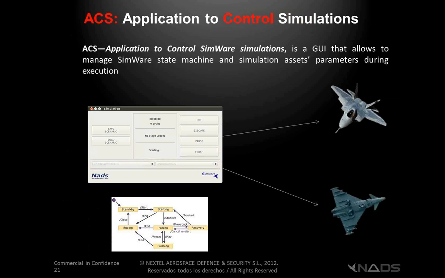And here the user can say, okay, now let's go to init the simulation. Let's go to execute everything. Let's go to stop everything. You can do three things with this tool. It's very basic. One of these is controlling the state machine. We have seen it. The other is loading and saving scenarios.